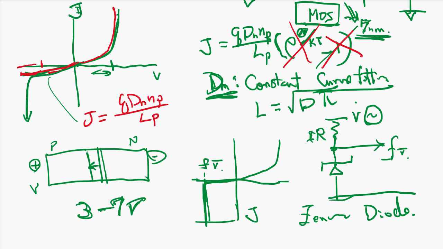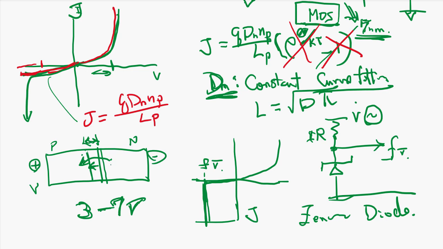And there is a tunneling diode. The tunneling diode is like this: the depletion layer stays narrow and suddenly it starts passing through this layer to flow current. Why?